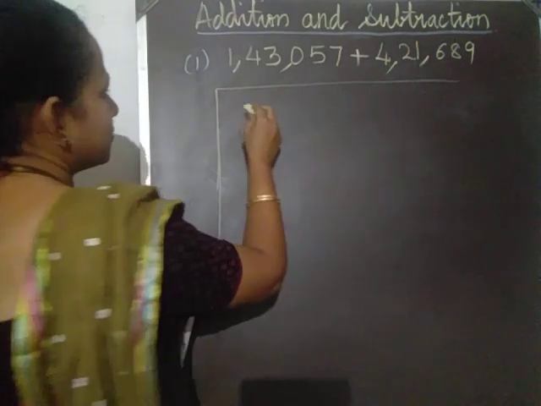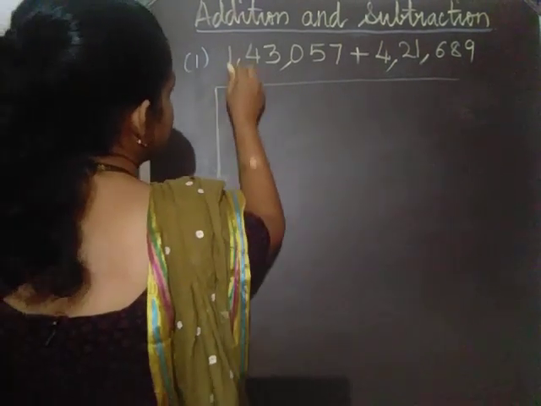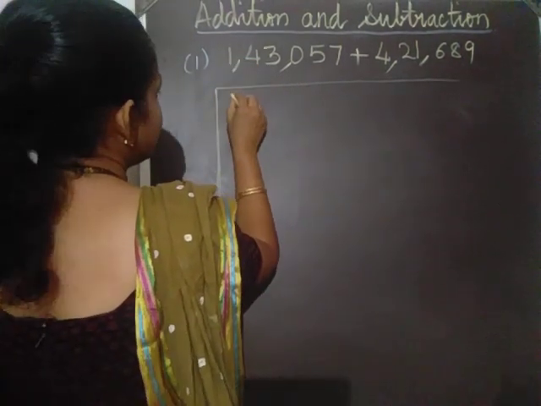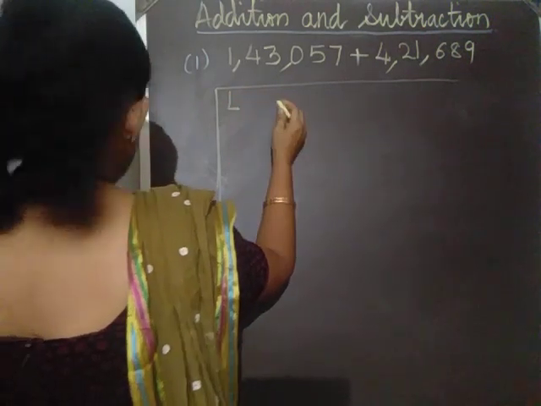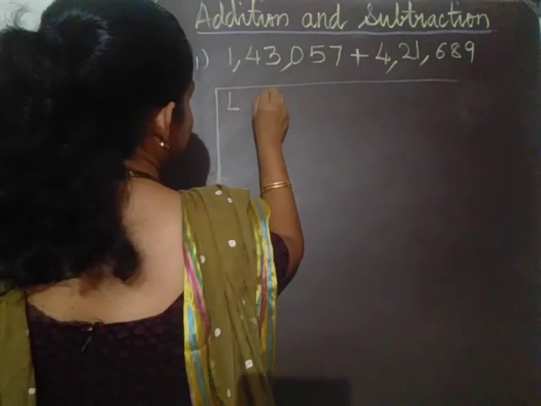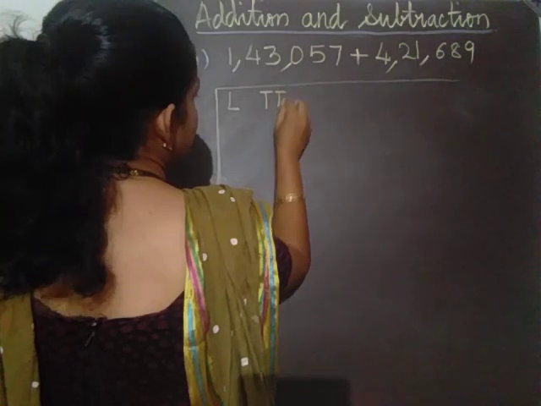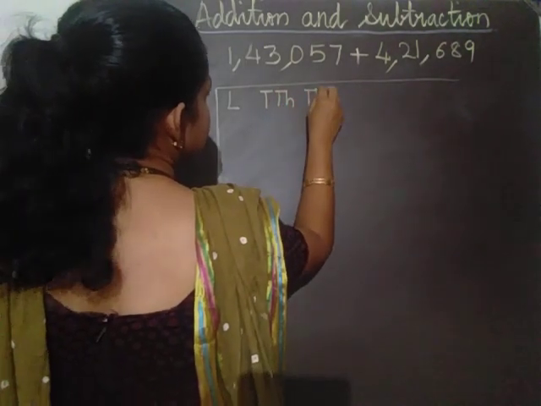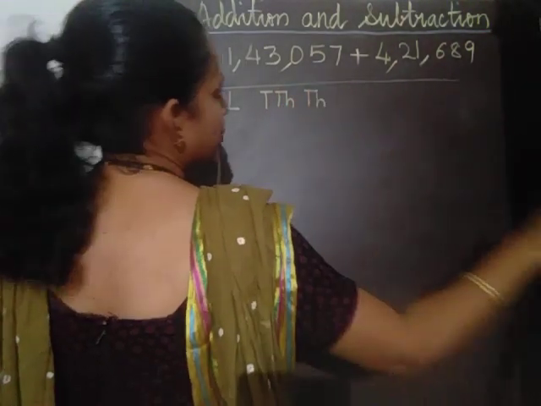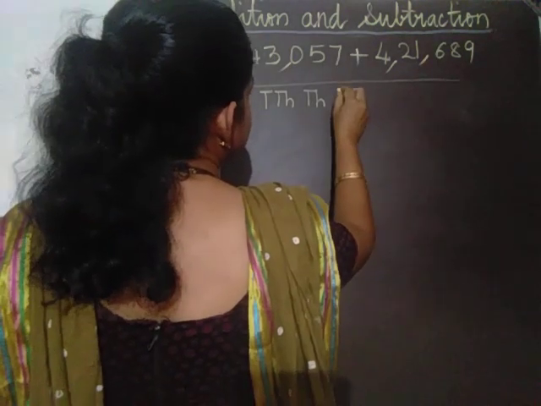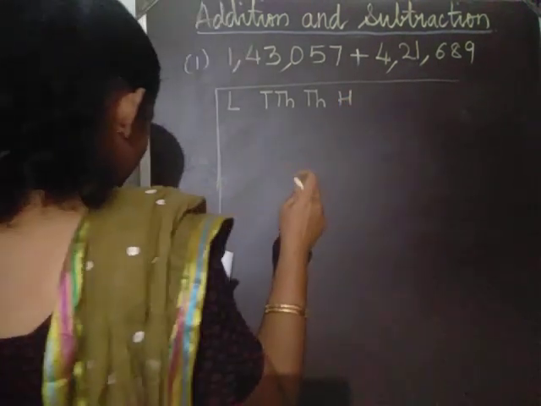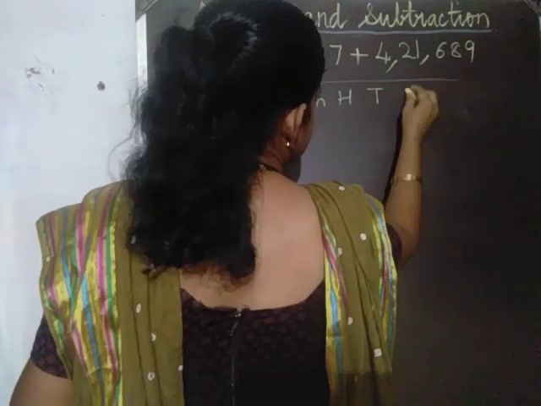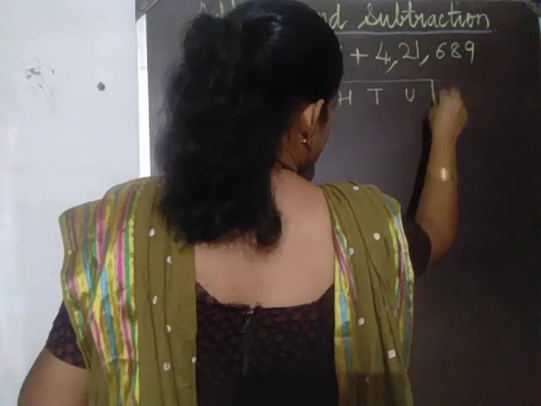Let me show you the place name of each one of them. So lakh is the last place, so let me write here lakh. Then we have to write here 10,000, then 1,000. Then we have hundreds place, then tens place, and then finally units place.